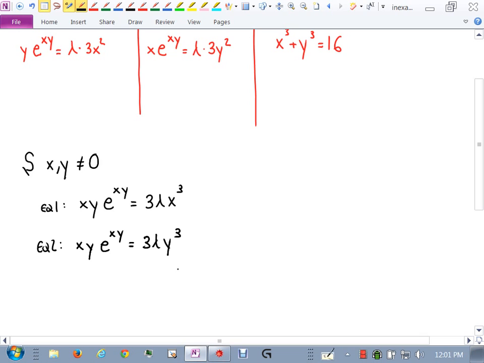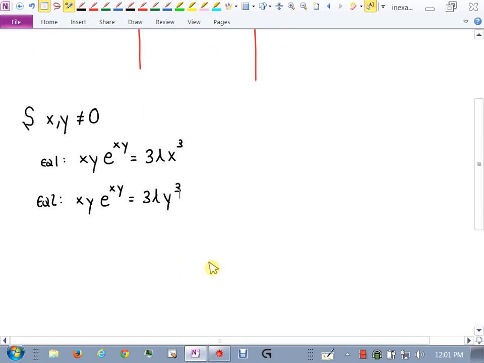Set them equal to each other. Do y'all follow that? It's tricky, but it works, okay? Equation 1 set equal to equation 2 would mean that 3 lambda x cubed equals 3 lambda y cubed.